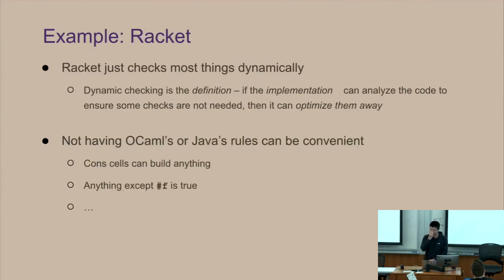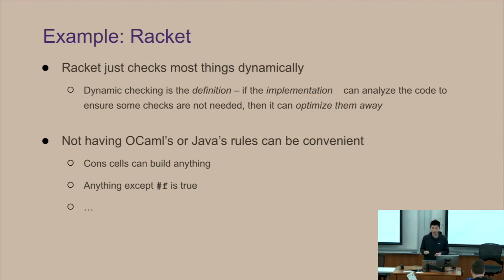Now, we talked a lot about OCaml. Let's talk about Racket. What dynamic checking on the Racket side does is that it checks most things dynamically. What I mean is that there is almost no static check, basically. Dynamic checking means all the checks happen on the dynamic side.